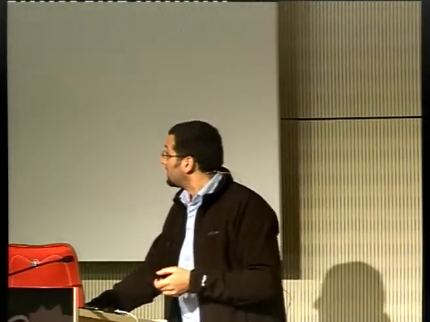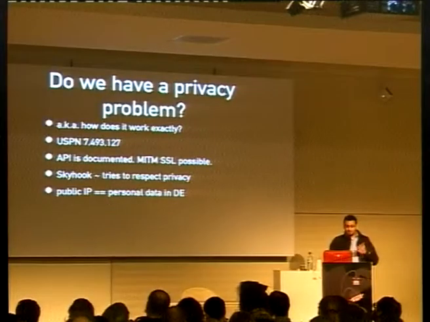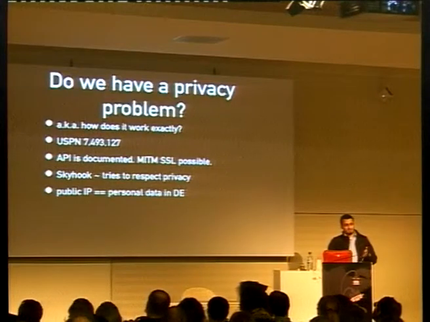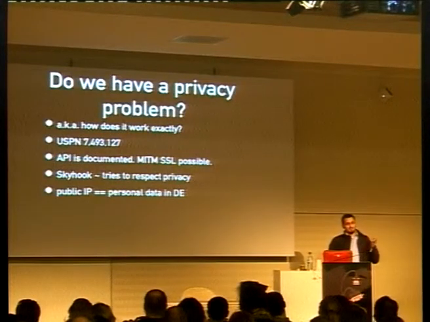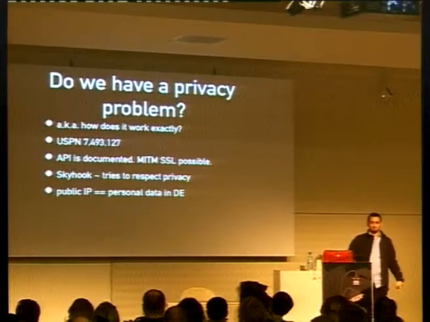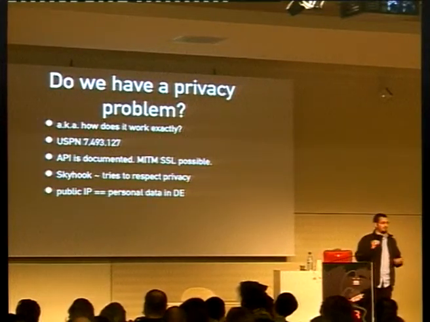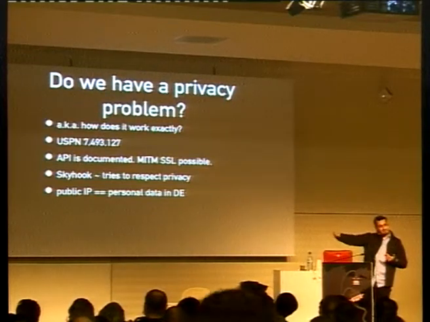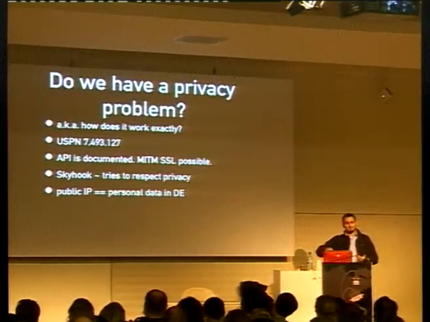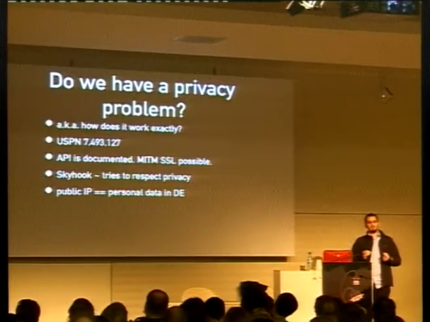It's not really in the API. I'm not sure if they try to respect privacy or not, or if it makes a difference if you're just a number for them, because you can still do profiling. You can still track where that ID is going. And maybe even that information is very valuable.